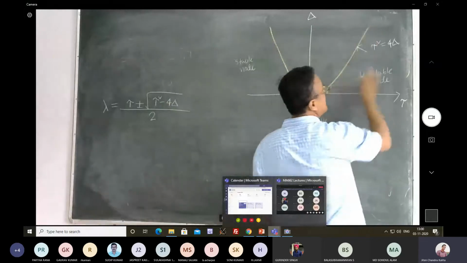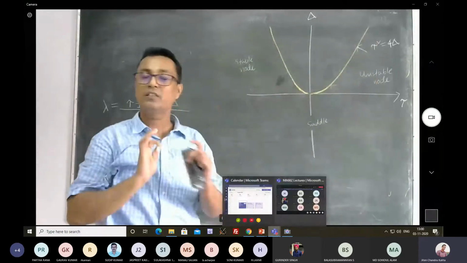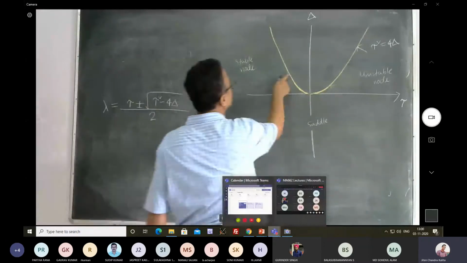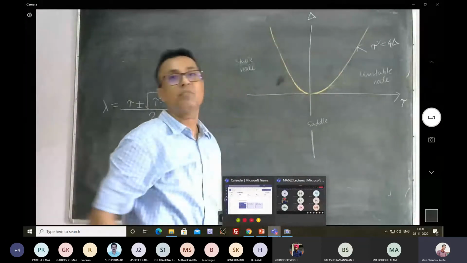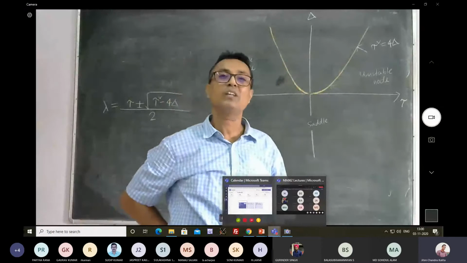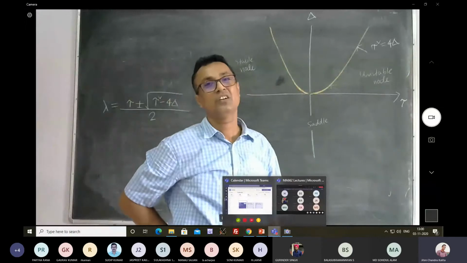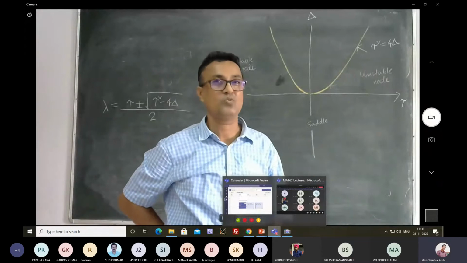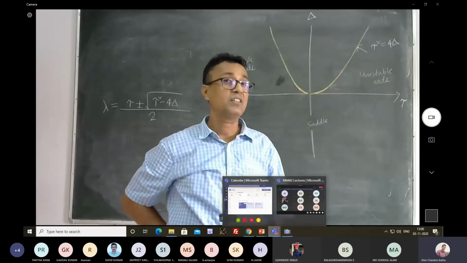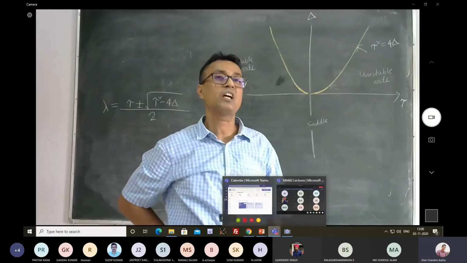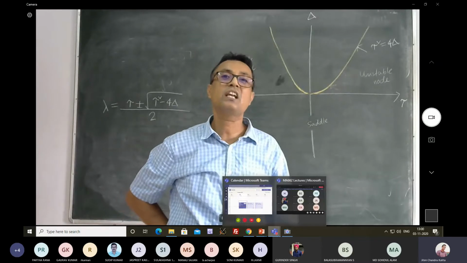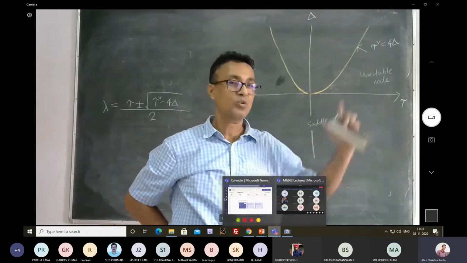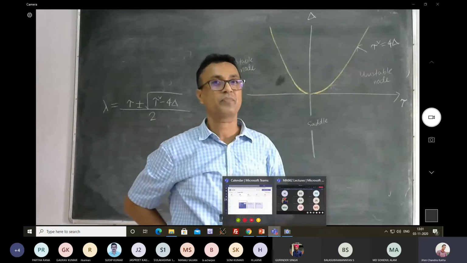Obviously, in this portion it is definitely going to be unstable, and in this portion it is going to be stable. But I don't know whether they are going to be nodes or something else, because it is the borderline of real and complex eigenvalues. I'm going to show that to you in the summary.